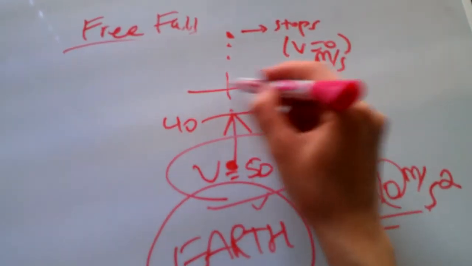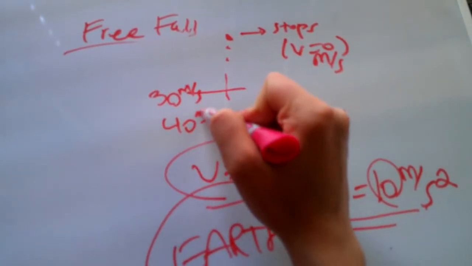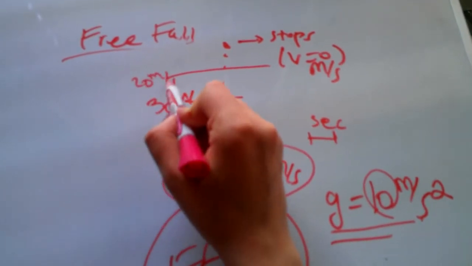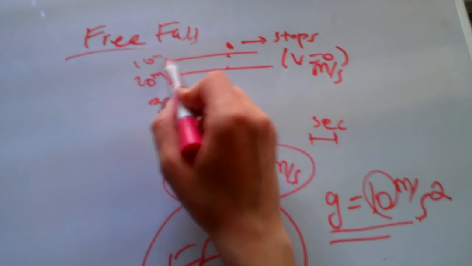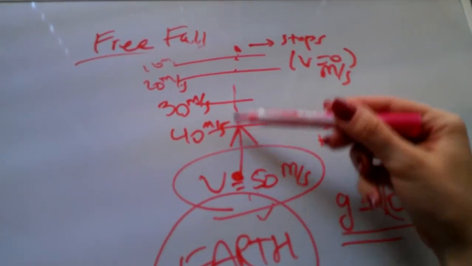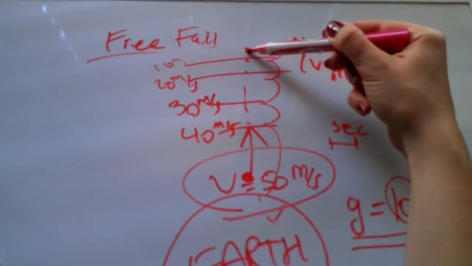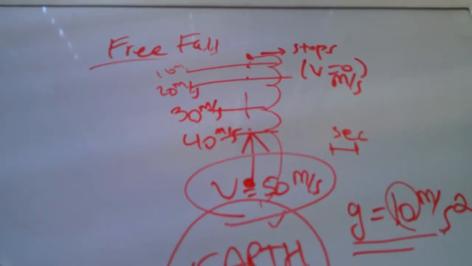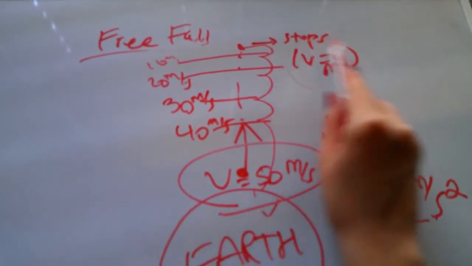Another second becomes 30 meters per second. After another second becomes 20 meters per second. After another one becomes 10 meters per second. And then the last second, see 1, 2, 3, 4, 5 seconds, in 5 seconds it stops. So 10 decreased by another 10 gives you 0.